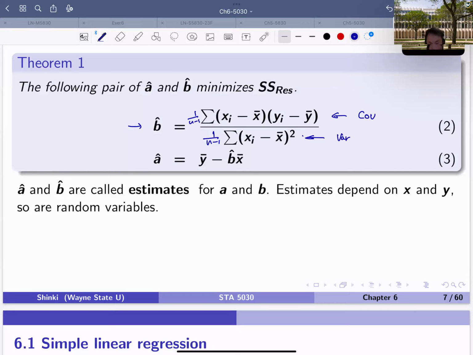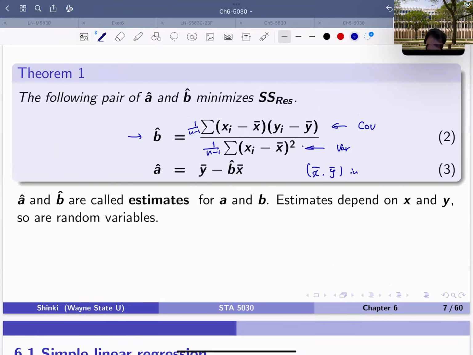And how to determine a hat? A hat is the intercept. So actually a hat is determined so that x bar, y bar is on y is equal to a plus bx. So a plus bx is a kind of trend line of the observations.